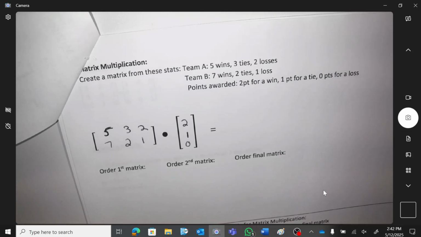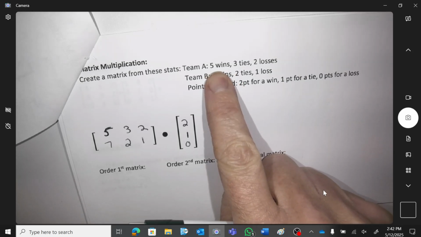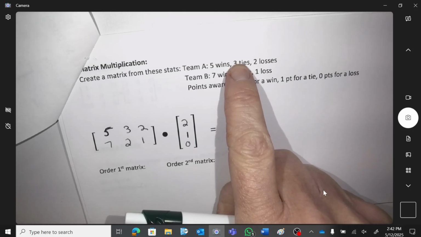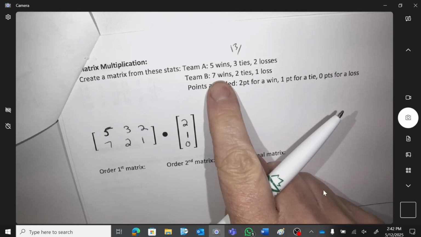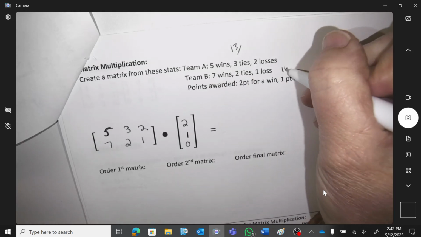You guys can obviously figure this out mentally, but I'm just going to show you how to do it. This team would have 10 for that and 3, so they should get 13 points. And what's 7 times 2? That's 14. So they should get 16.